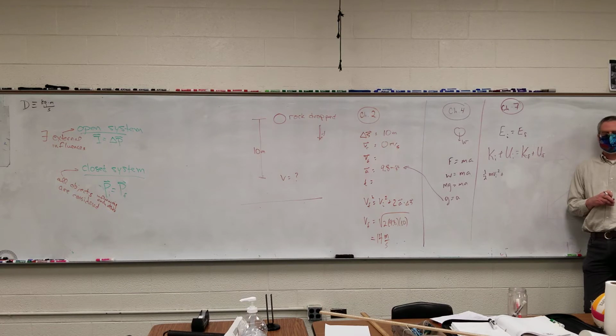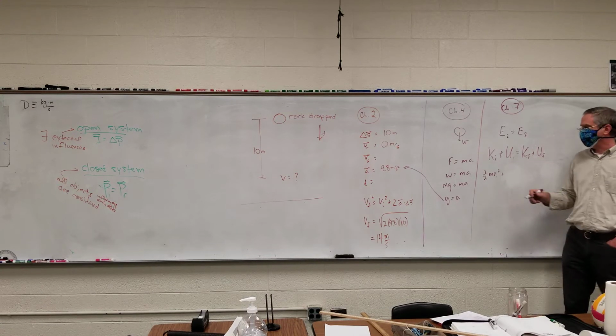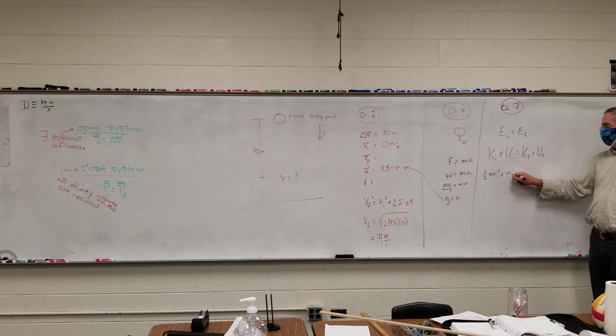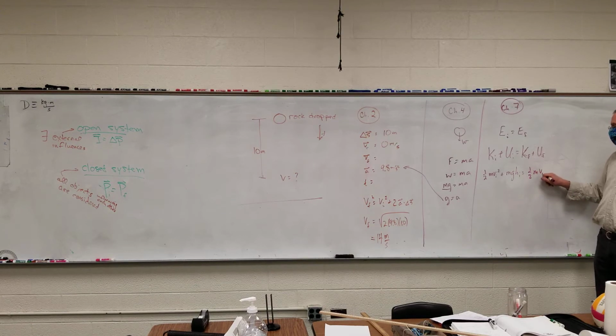We've dealt with 3 potential energy formulas. That's the one. The hint is that weight is equal to mg. So mgh initial equals 1/2 mv final squared plus mgh final.